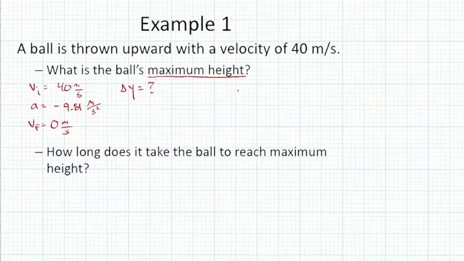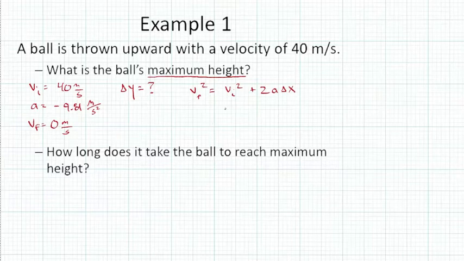If we take our 5th equation that we derived, the one that was on the very bottom of the previous slide, that's our final velocity squared equals initial velocity squared plus 2a delta x. That was the original equation.